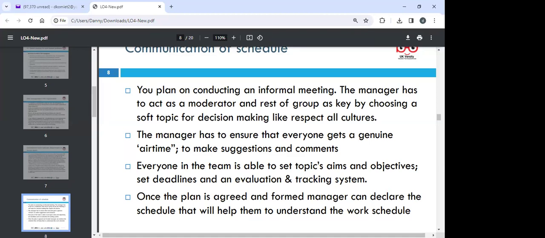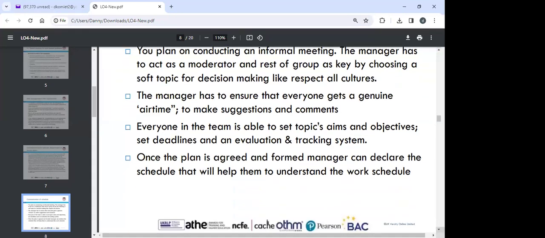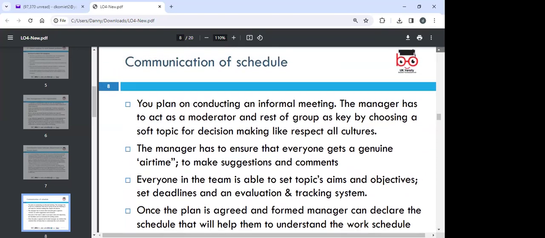Everyone in the team is able to set topics, aims and objectives, set deadlines, and have an evaluation and tracking system. Once the plan is agreed and formed, the manager can declare the schedule that will help them to understand the work schedule. So that's what we call communication of schedule.